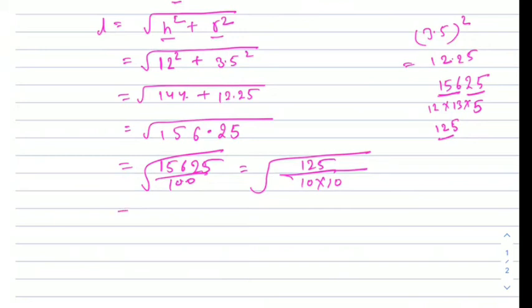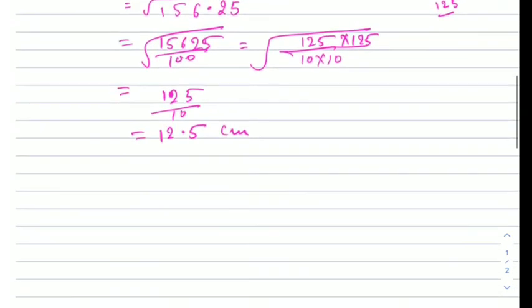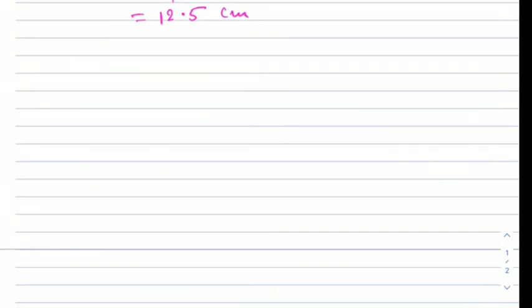After getting it out from the square root, it will be 125 upon 10, or 12.5 centimeter. That is the slant height. Slant height of the cone l is equal to 12.5 centimeter.